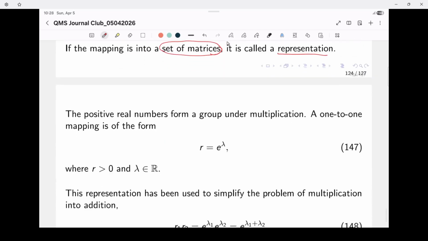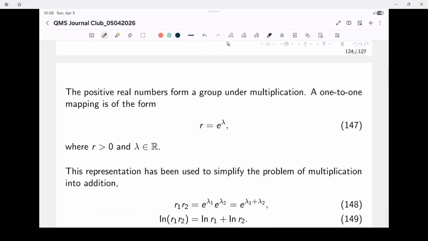So here I will provide a few examples. The first one will be positive real numbers. Positive real numbers form a group under multiplication. So what will be the one-to-one mapping to, let's say, a vector space?